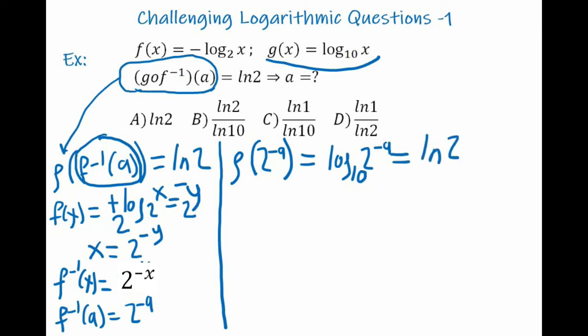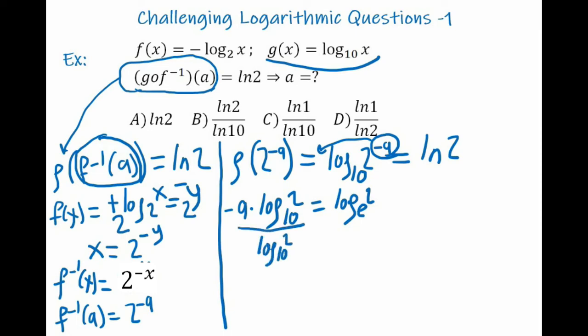And this is what we're going to solve after that. So that number is going to come in front of the logarithm, if you remember. So we're going to have negative a times logarithm of 2 in base 10, and that is, instead of ln 2, I'm going to write logarithm of 2 in base e. So I will divide both sides by logarithm of 2 in base 10.